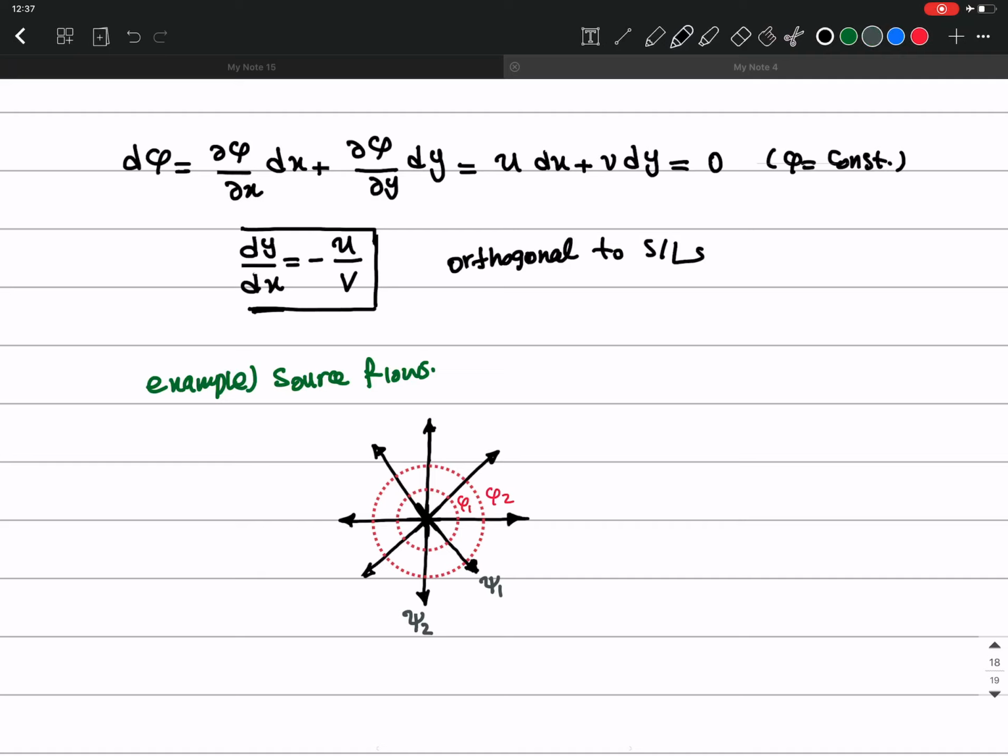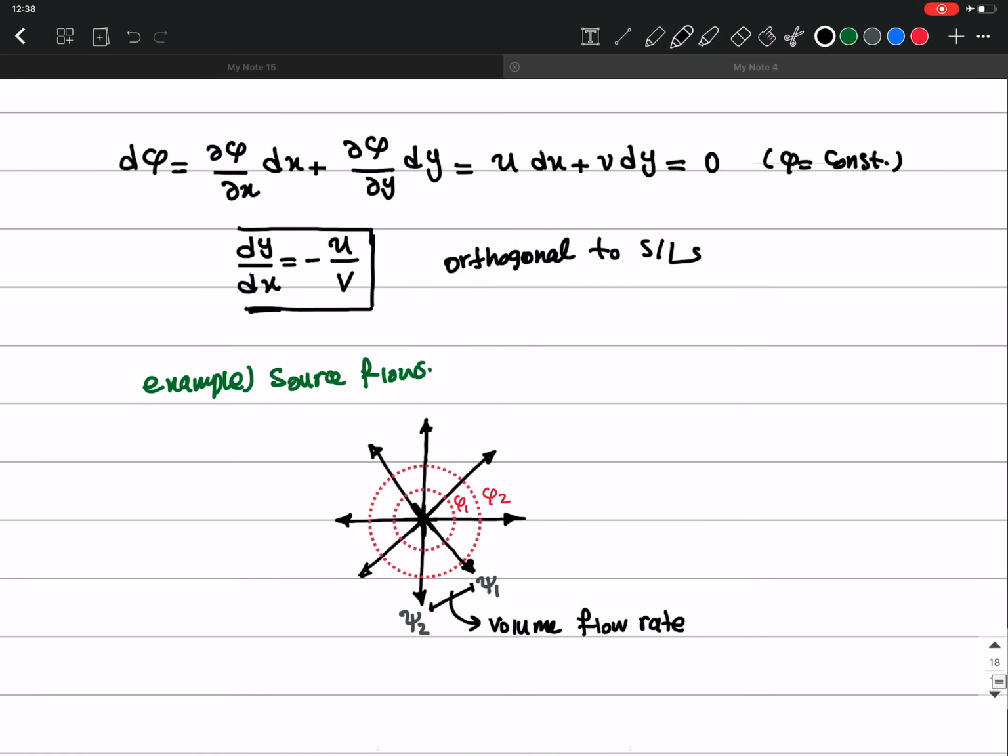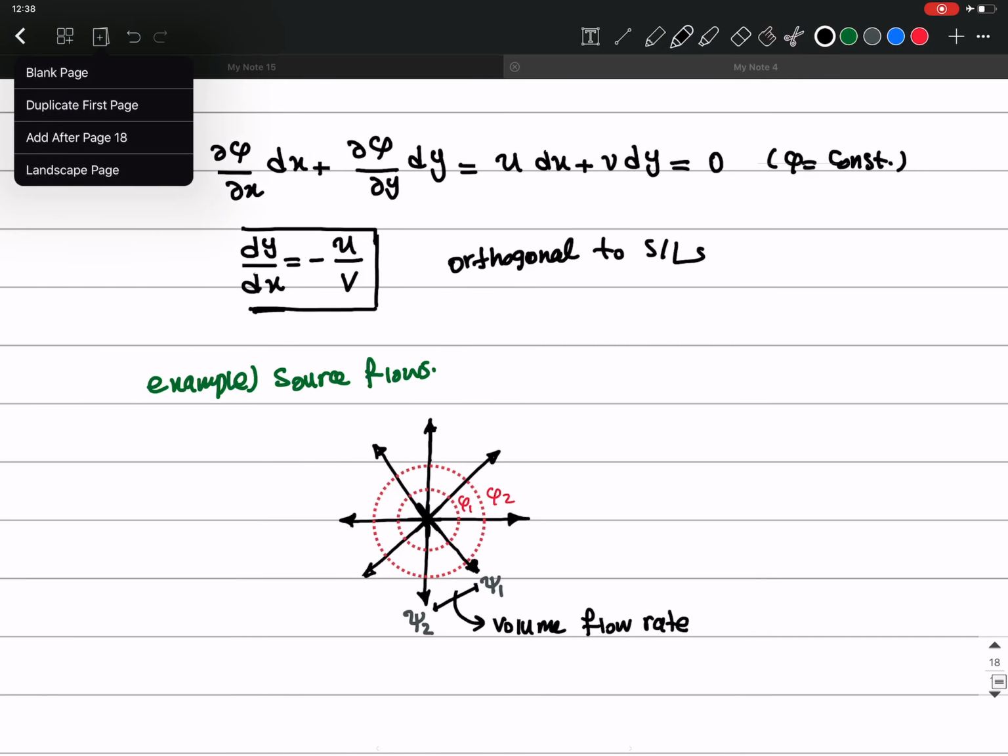Okay, so if you want to calculate the volume flow rate between these 2 points, you just need to subtract psi 1 and psi 2. Okay, this is how it actually looks. These stream functions and velocity potentials are orthogonal. It's a very interesting and important point here.